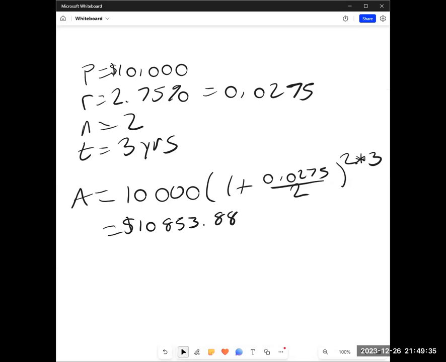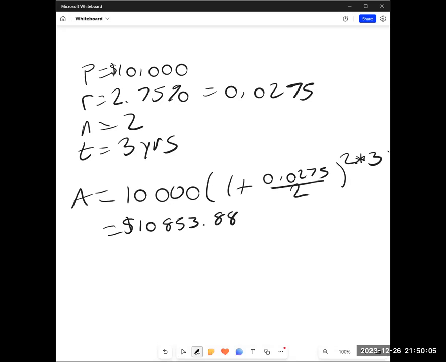$10,853.88. So you see that didn't do nearly as well as the CD did. The interest rate wasn't nearly as high, 2.75% on the money market account as opposed to the 7% interest rate on Marcus's CD, even though Karen invested 10 times as much money.